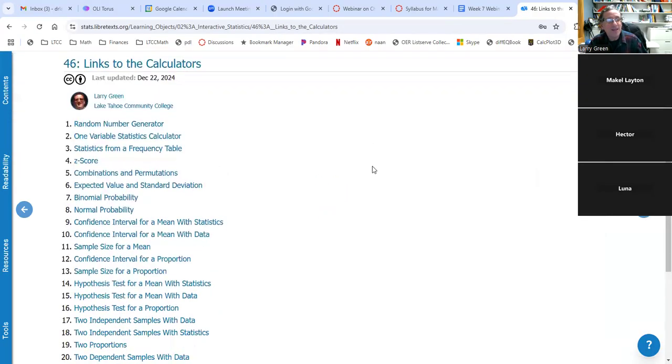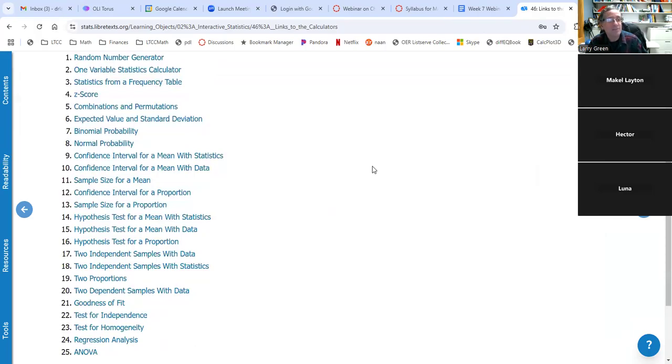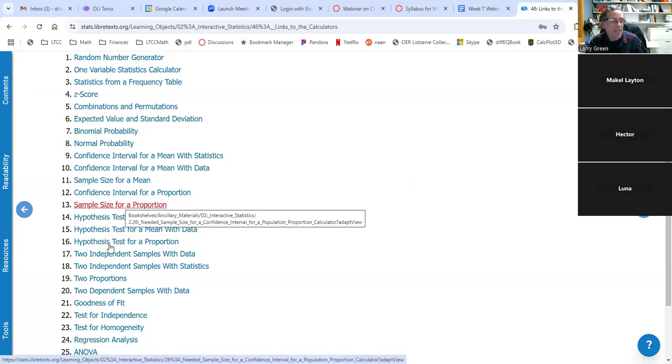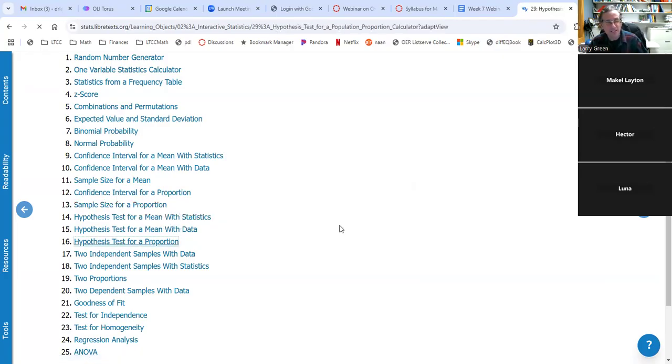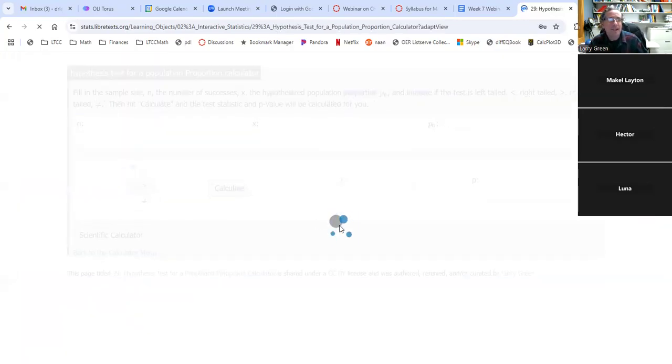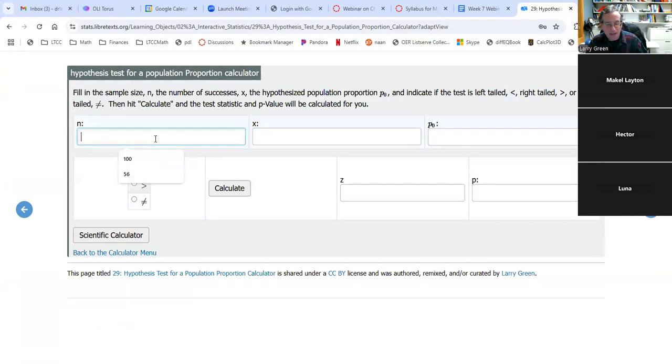Tell me which calculator I should use. Yeah, 16, because the survey question is, do you approve of the job Trump has done so far, and the answer is either yes or no. So that's a proportion. I'm going to be looking at 16, hypothesis test for a proportion. N was 1,001.